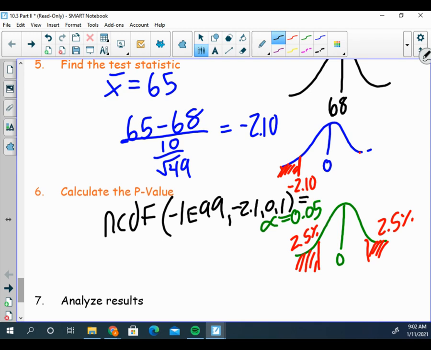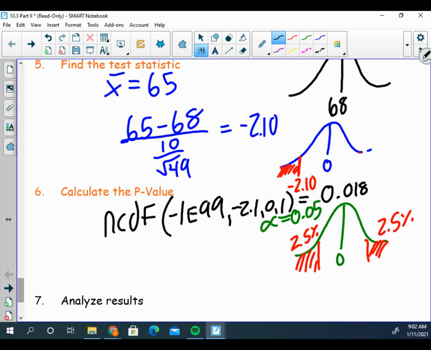So what's the probability of getting a value that extreme? I got 0.018. Okay? There is a 0.18% chance that your data, or this area, is 0.18%.